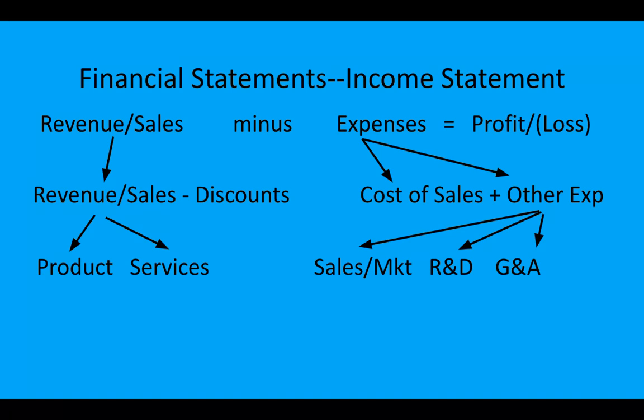That's where all the, as I used to call them when I was below that level, overhead. So this is the basics of the income statement. And basically it's just sales minus expenses equals your profit or loss. And obviously you want to make money.